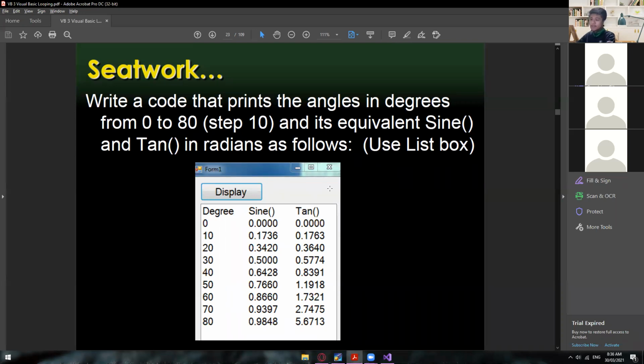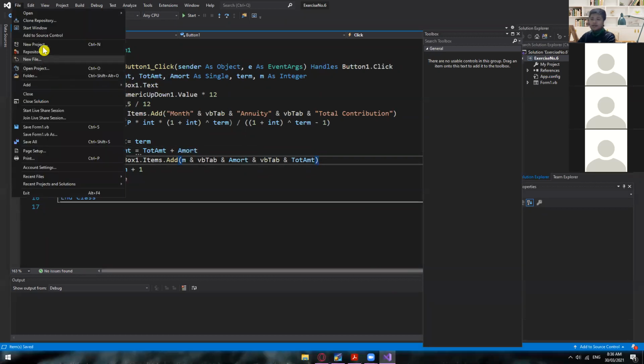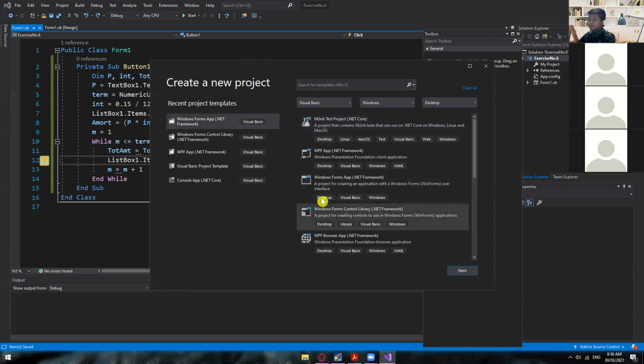Instead, we will answer this one right now, so that you know how to do this if you're interested in having this kind of program where degrees will be converted to sine and then tangent. All right, so let me just save this one and then let's create a new one.